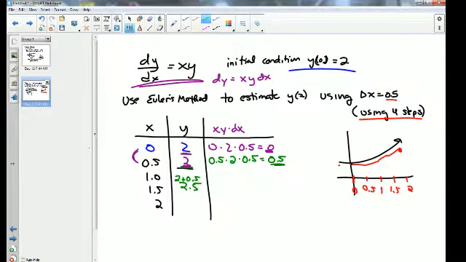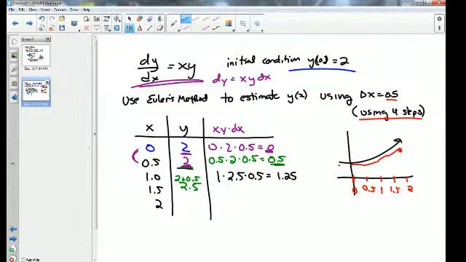All right, so what's the next row going to be? And what's x? 1. y is 2.5, and the change is still 0.5. So 1.25.